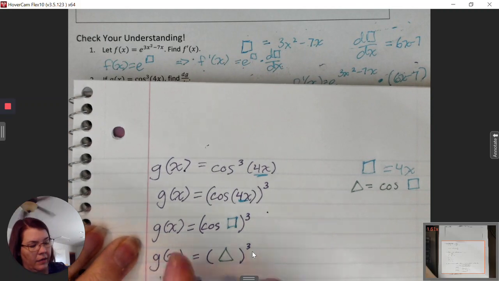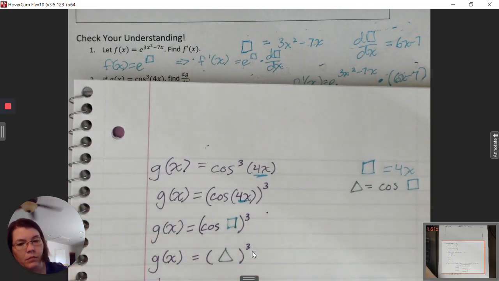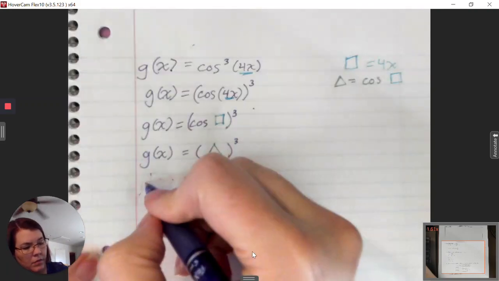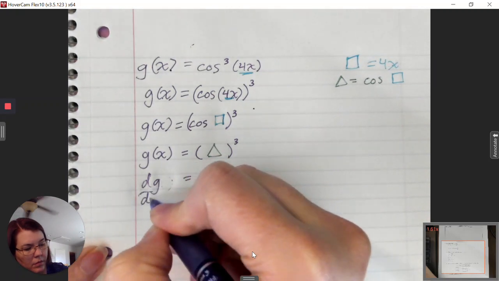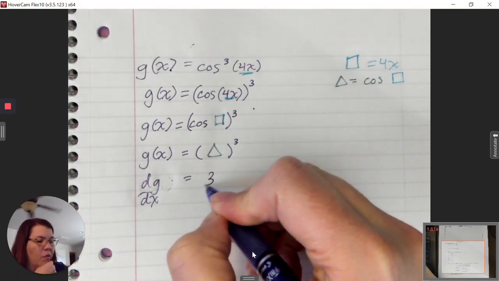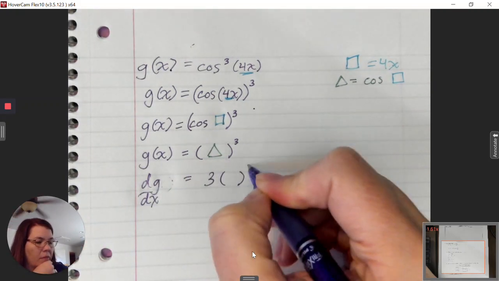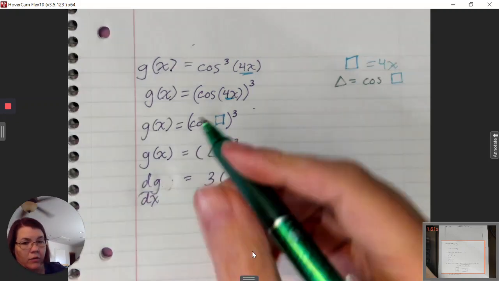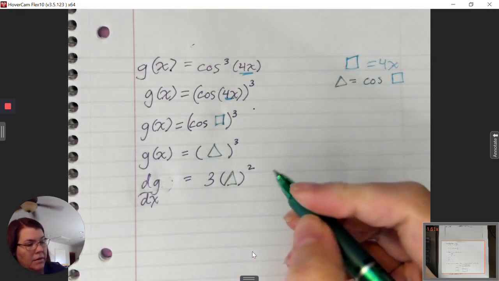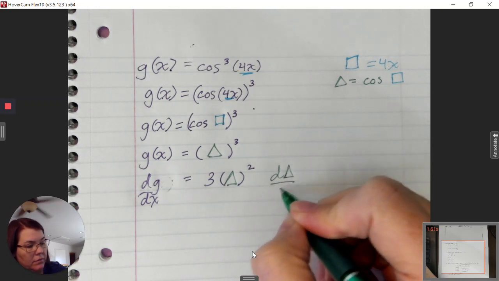Let's write that the way they asked for it. It's going to be 3 triangle squared d triangle dx.